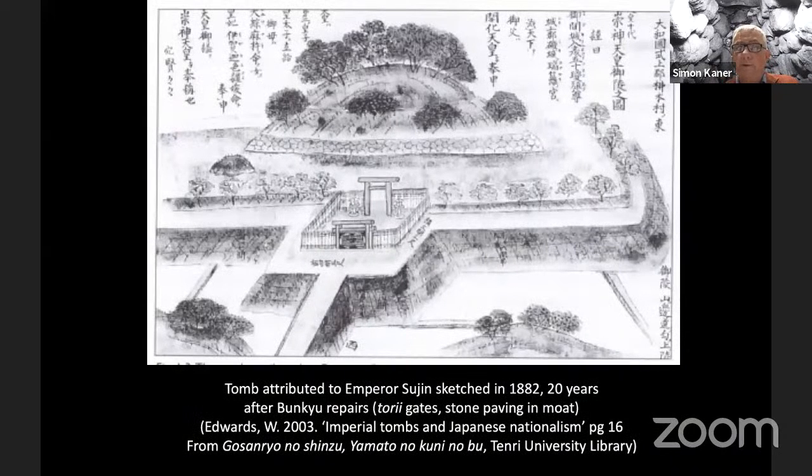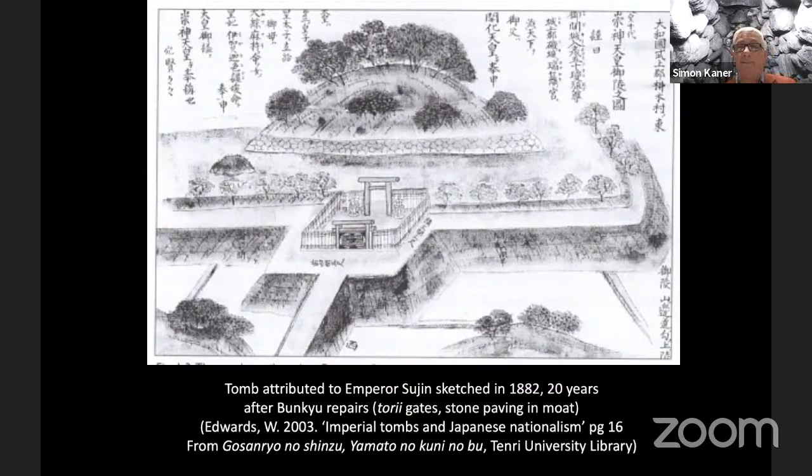There are also other sketches of these tombs, because with the re-establishment of the imperial government, it was decided that it was time to attend to what was a 1500-year tradition of burying emperors and their families in mounded tombs, many of which would fall into a state of disrepair over that period. Japan has a very active environment.